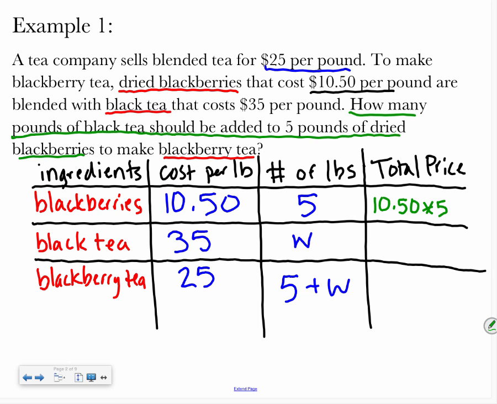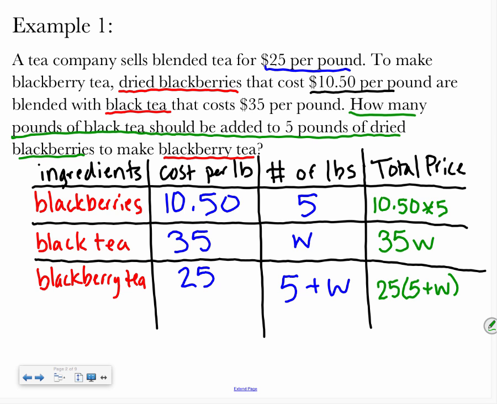The reason I set up a table is because now all I have to do is take the two blue columns and multiply them together to get my last column. So now I have 25 times (5 plus W).